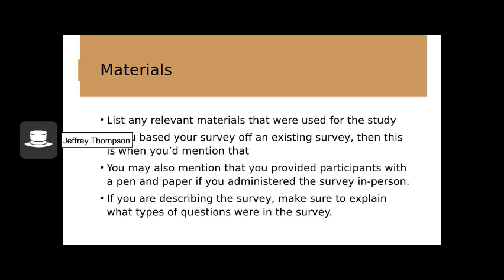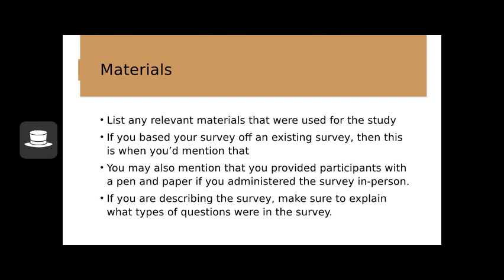Next is materials. So if there are specific things that you are using for your study, for a lot of you, this will just be your survey. Because if you're not administering things in person, then you'll just be using an online survey.